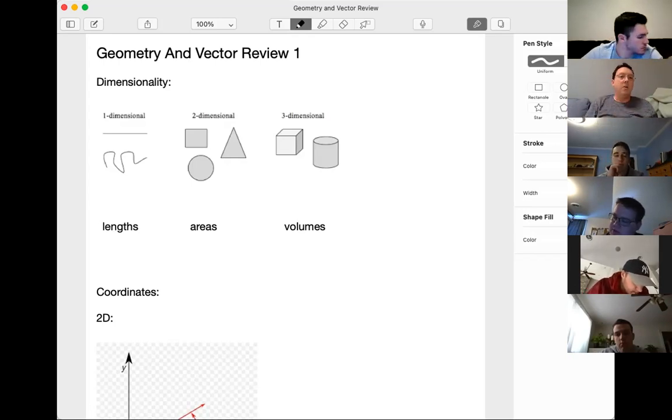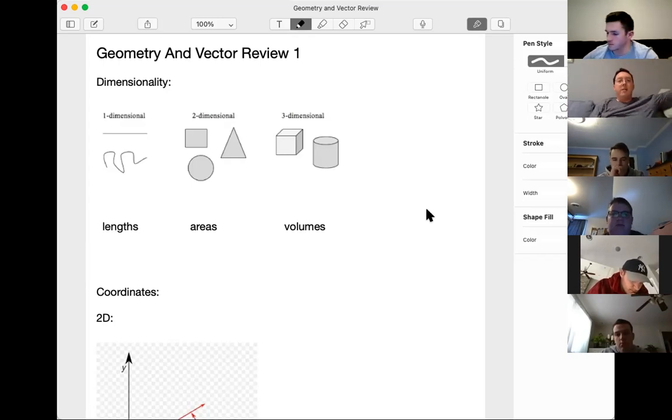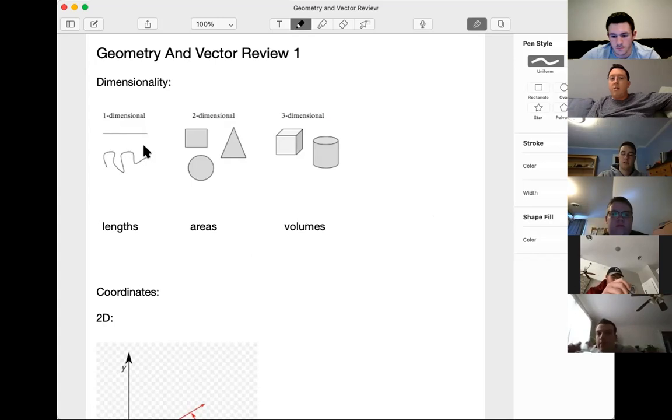So, okay. Let's go back to the beginning here with dimensionality. For those of you who were in dynamics earlier, this came up a little bit, but we will have various shapes that we'll break down according to one-dimensional geometry, two-dimensional geometry, and three-dimensional geometry.